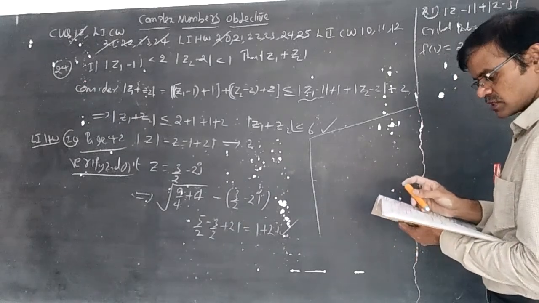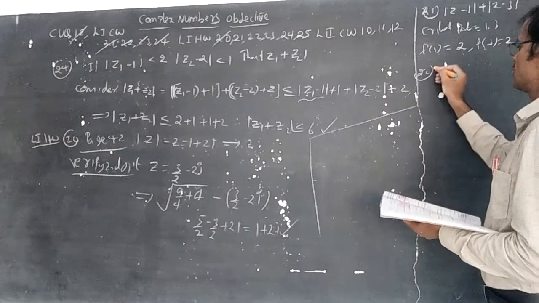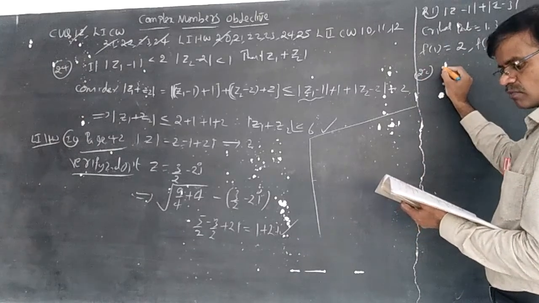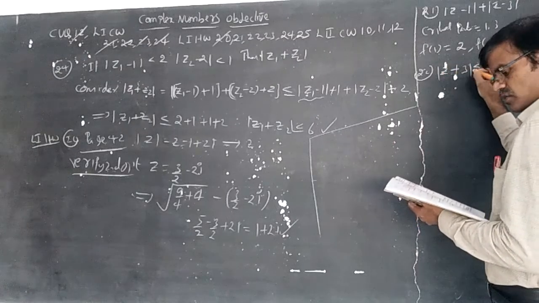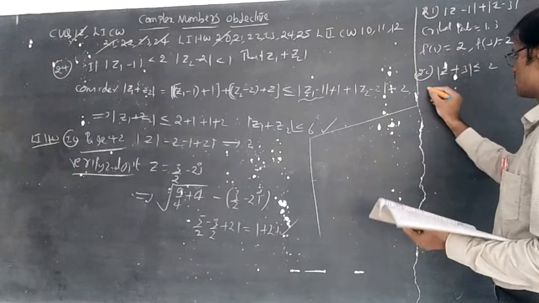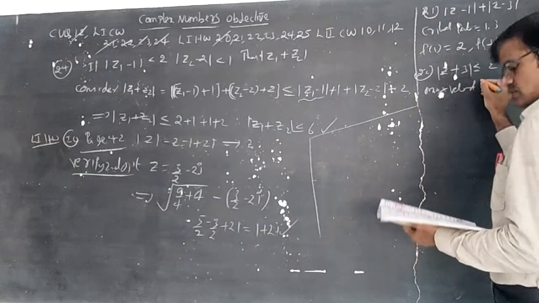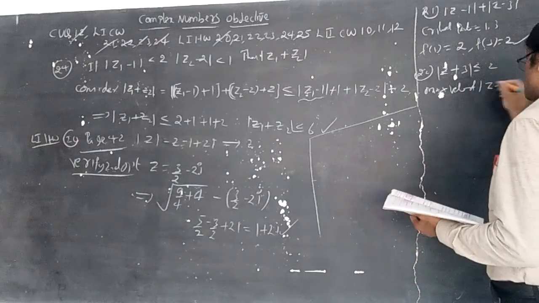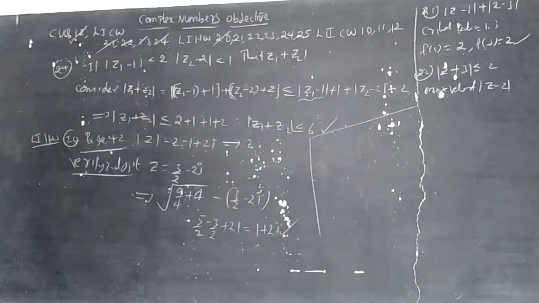Next, the 22nd question. The maximum value of modulus of z minus 2, whenever modulus of z plus 3 is less than or equal to 2.